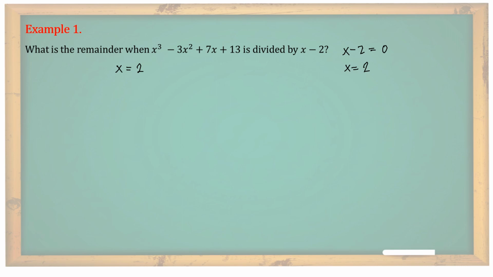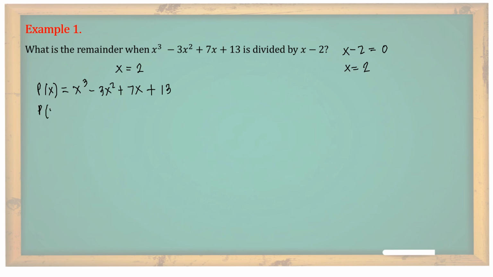This one. Then, isubstitute mo siya dito sa ating p of x, which is p of x is equal to x cubed minus 3x squared plus 7x plus 13. So, substitute the value of x, which is 2.